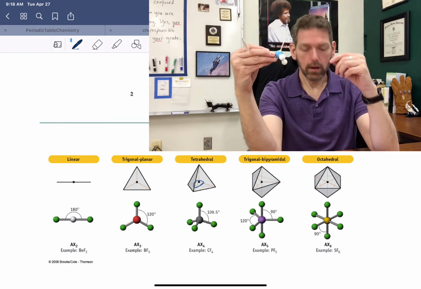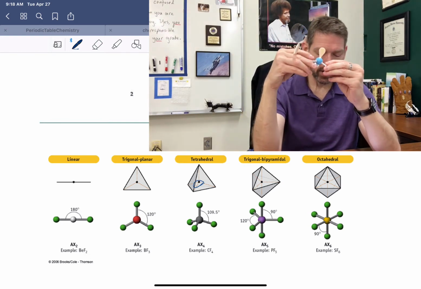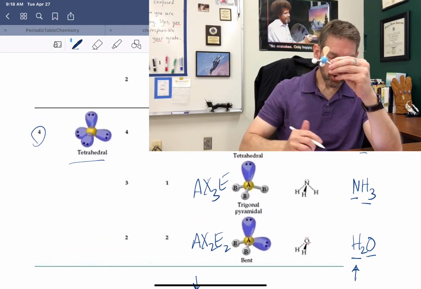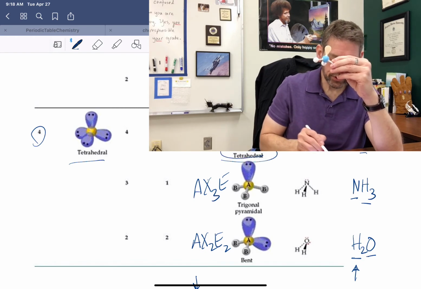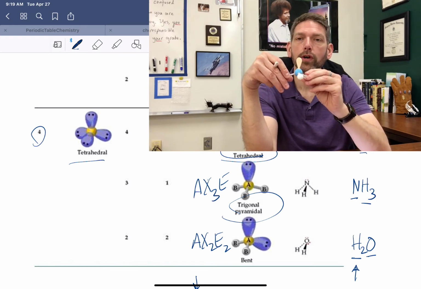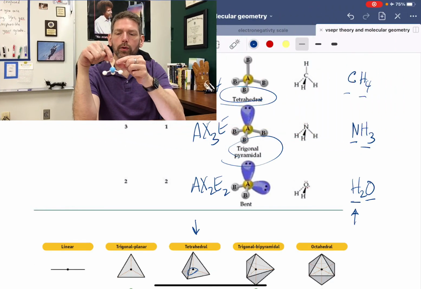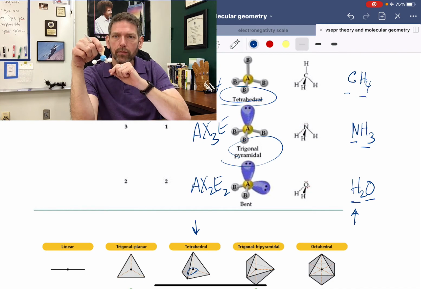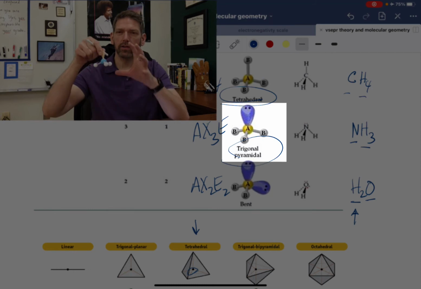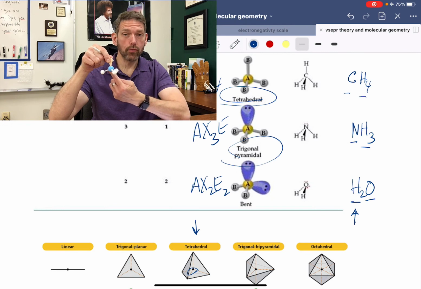If we were to take away just one of these right here, right? Then you can see that instead of being a tetrahedral shape, we have what's called trigonal pyramidal. All right, we have trigonal pyramidal. So I'm holding where the lone pairs are. If you look, this ends up taking on a shape that kind of looks like a little squat pyramid. All right, triangle. So there's 1, 2, 3 angles.